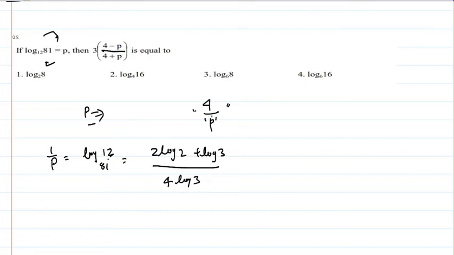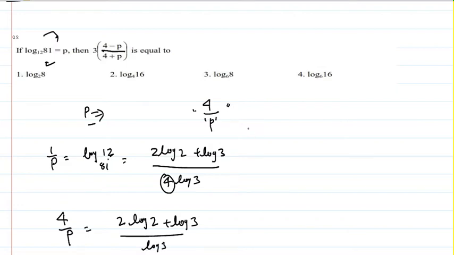Now, do you see I want 4 in the numerator? So if I transfer this 4 on the left hand side, I will have 4 upon P is equal to 2 log 2 plus log 3 upon log 3. Now on this equation, I need to apply dividendo and componendo.